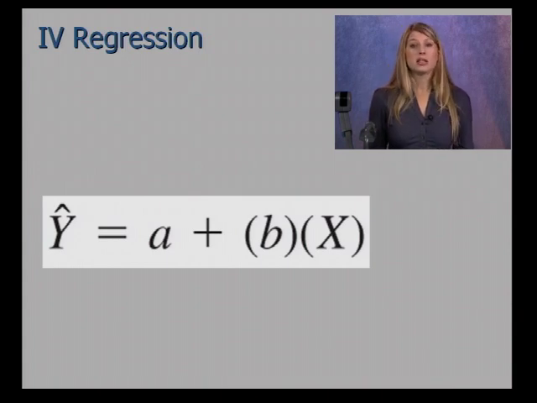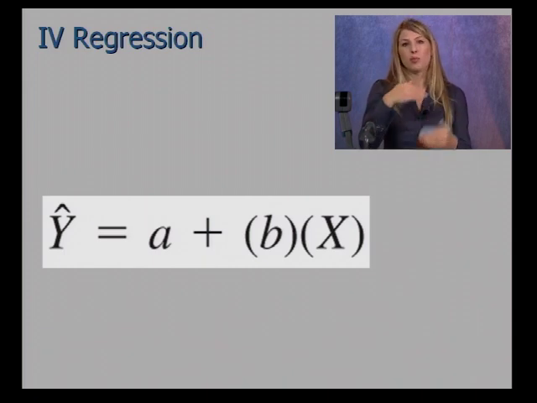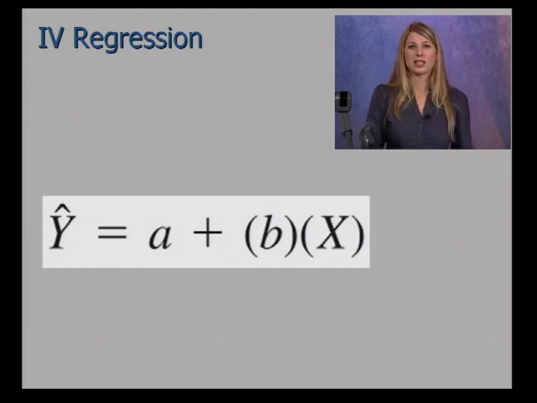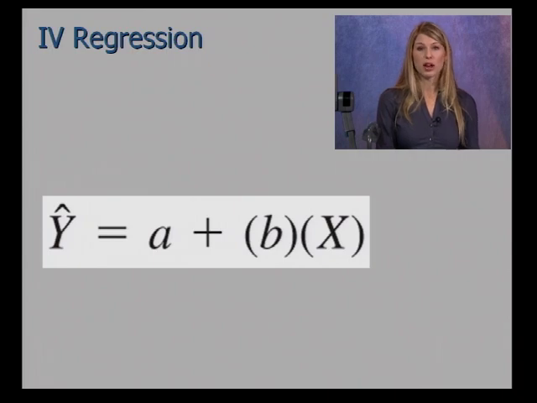And b is the slope, so it's the change in y that occurs with every unit of x, multiplied by the score of x. So if you know the x score, you plug it in there, you use the slope plus the constant to get your predicted y value. And for exact calculations of regression, go ahead and refer to my PowerPoint that will lead you step by step through calculating these regression equations.